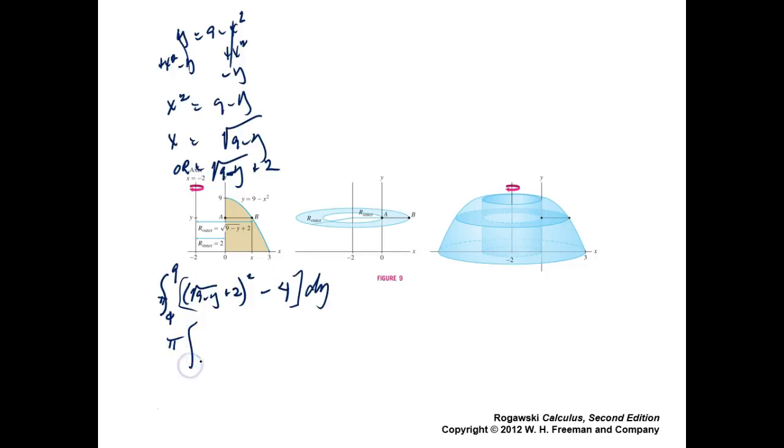That would be pi times the integral from 0 to 9. Now, square this binomial. What would you do? You get that in front, 9 minus y, because the square of a square root is just 9 minus y.